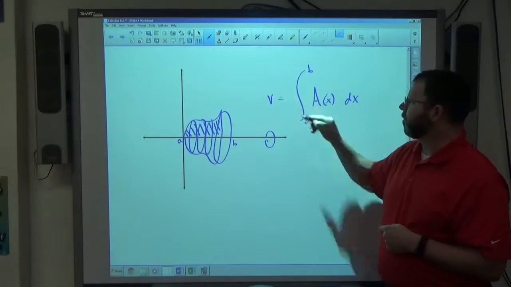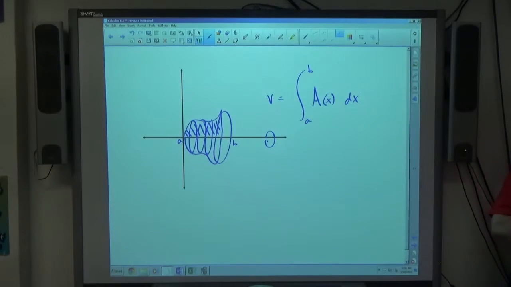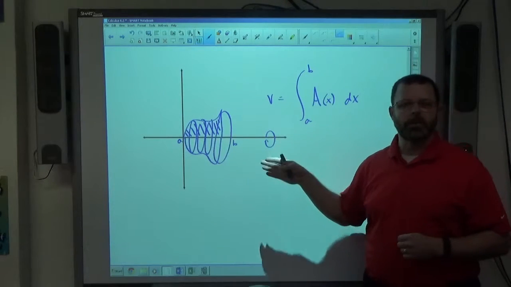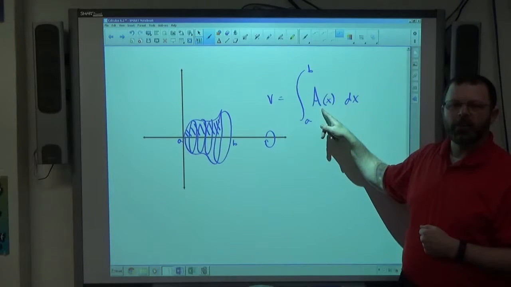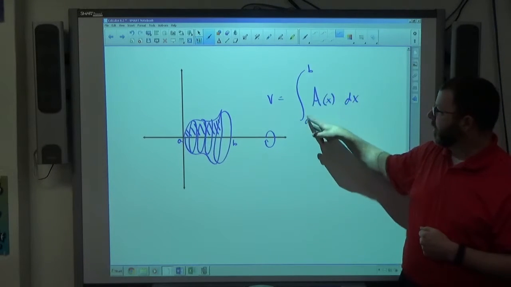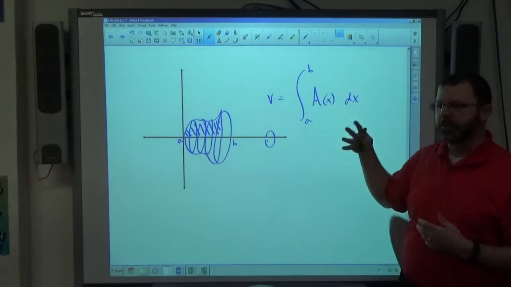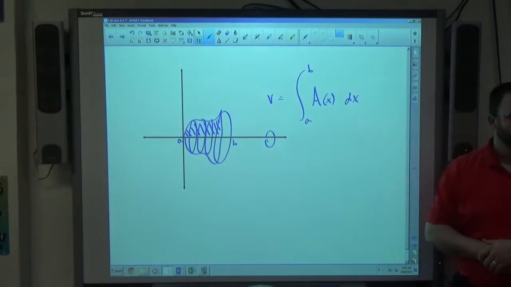And that's what the volume equals. So we find the area of the circular cross-section, and we simply find the integral of the circular cross-section's area from the beginning to the end of the interval in terms of x, and we get ourselves a volume.